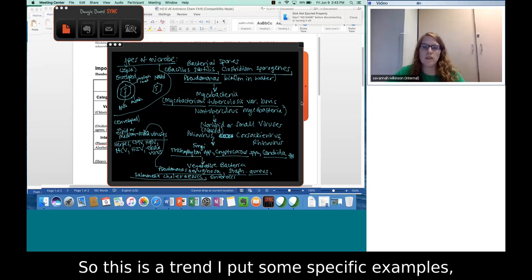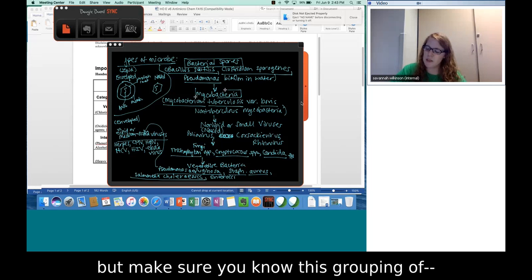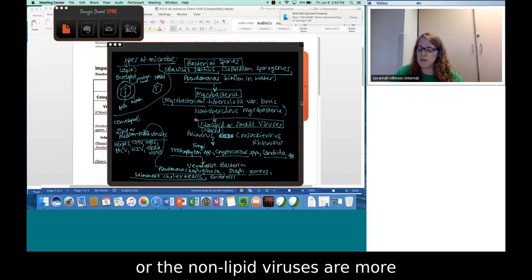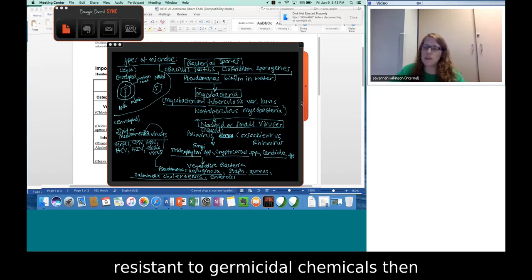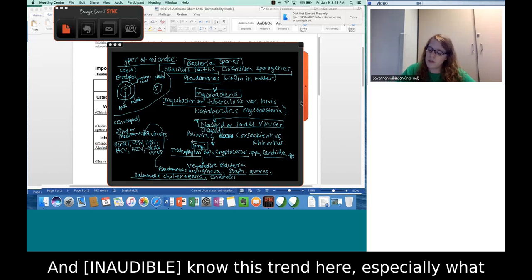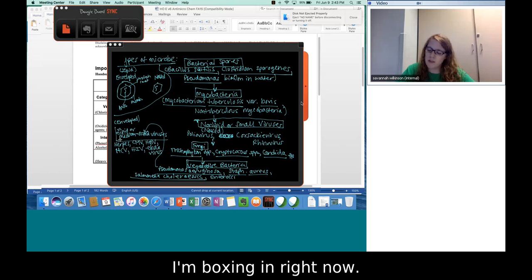So this is a trend. I put some specific examples to make sure you know this grouping. We'll definitely know that the naked viruses or the non-lipid viruses are more resistant to germicidal chemicals than lipid or envelope viruses. And just know this trend here, especially what I'm boxing in right now.